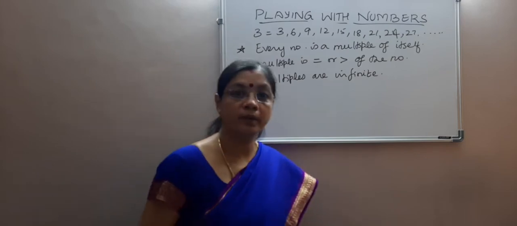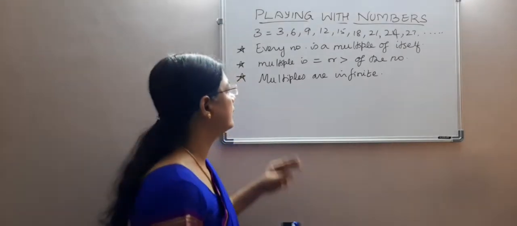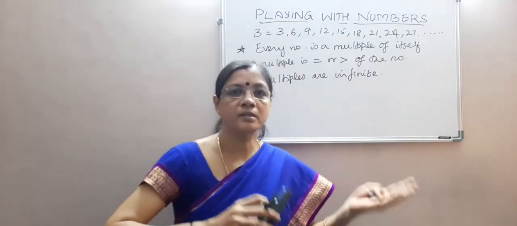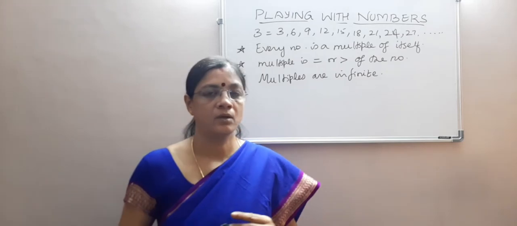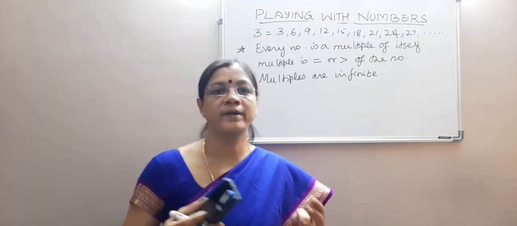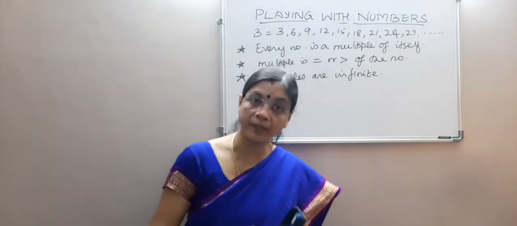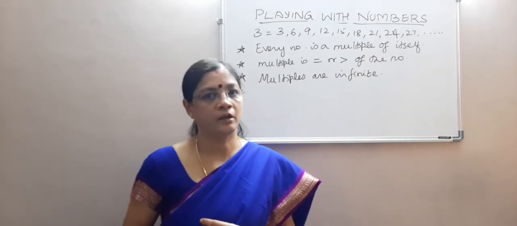These are the properties of multiples we have seen, and let us understand what are factors and what are multiples. Factors are always equal to or less than the number, but multiples are always equal to or greater than the number, whereas factors are finite and multiples are infinite.